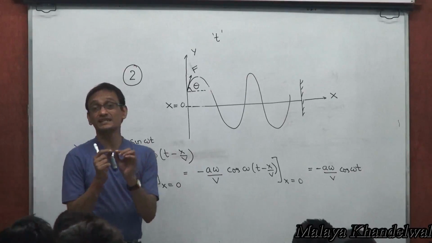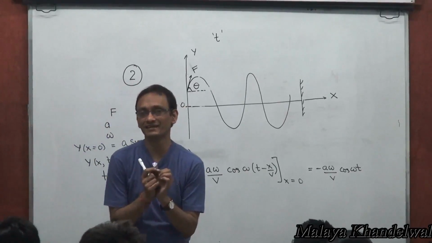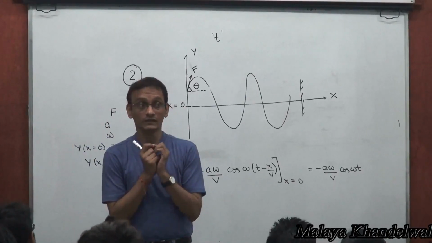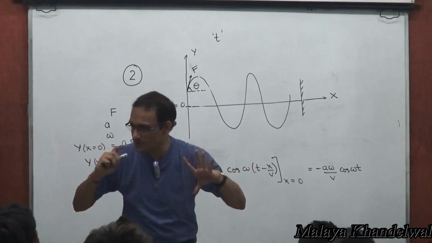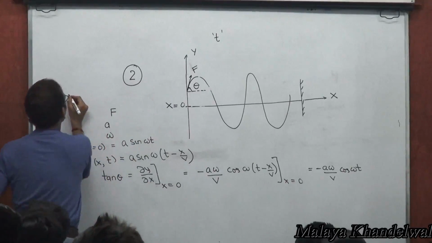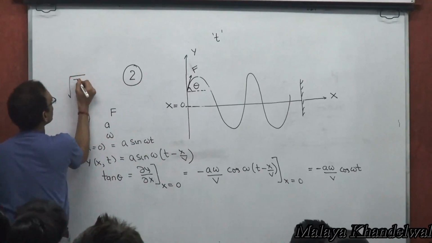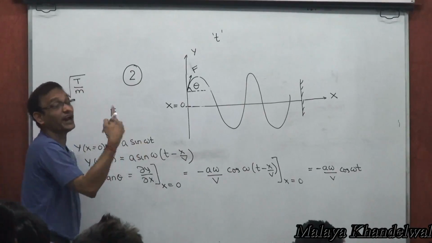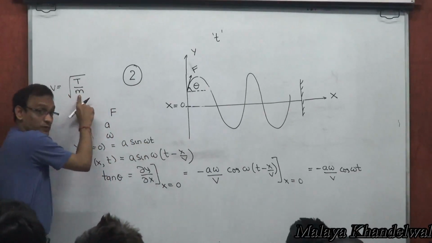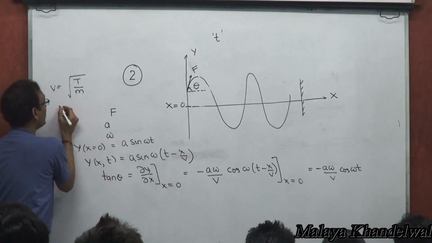Now the string is given to be very thin. That means mass per unit length is very small. Therefore, the velocity of the wave, root T by m, will be very large. If m, the mass per unit length, is very small, v will be large.